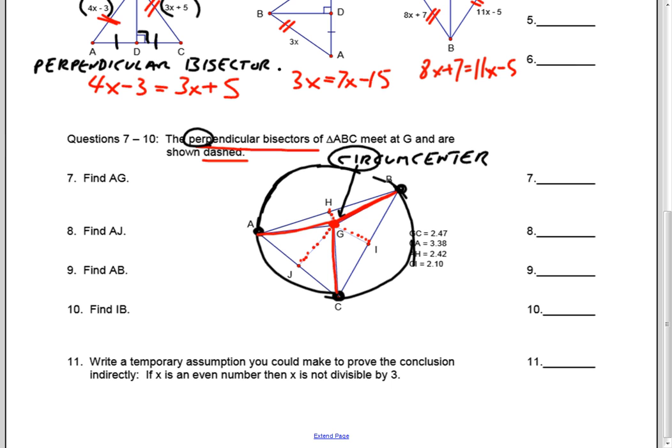So I know that that is equal to that, which is equal to that. So when they're telling you that you've got all these perpendicular bisectors within the triangle, they're really telling you, take a look at the distances from that point to each of the vertices. Those are all going to be equal. Radii are equal.